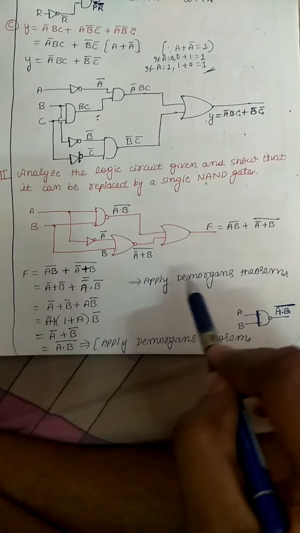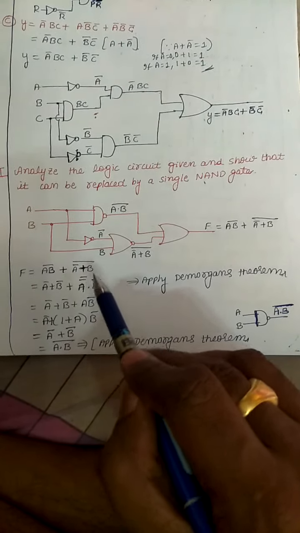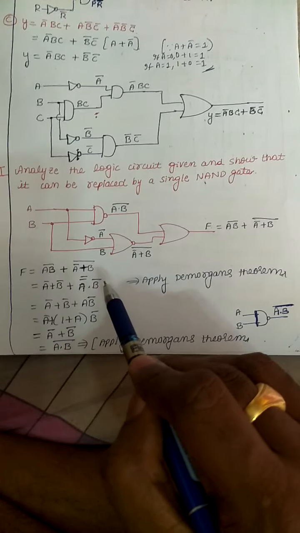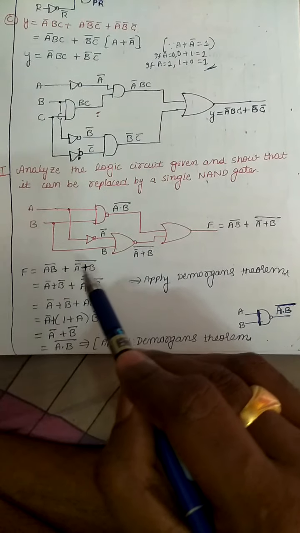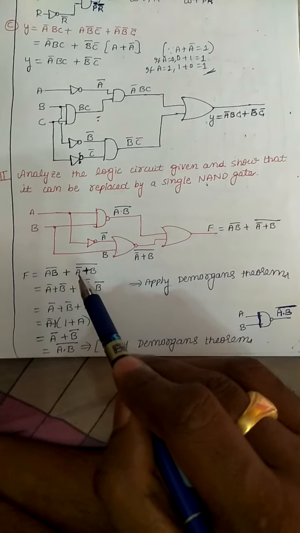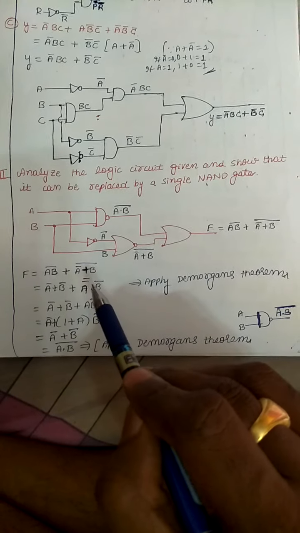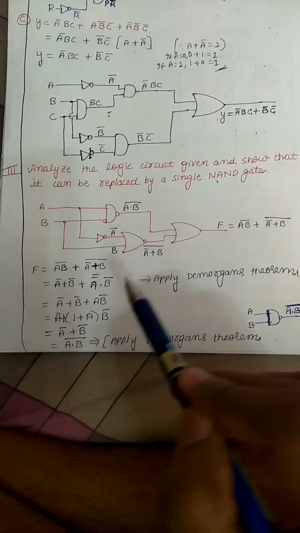A dot B whole bar means apply De Morgan's theorem, A bar plus B bar. A plus B whole bar means A bar dot B bar. Already you have A bar bar dot B bar, and A double bar means A, so A B bar.